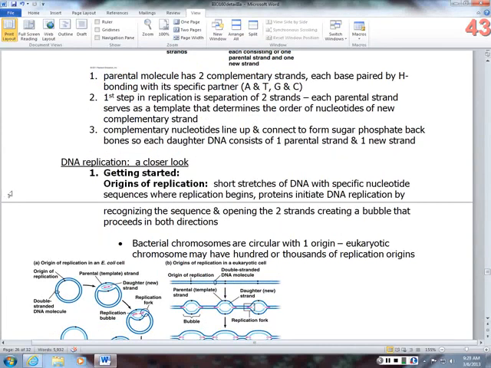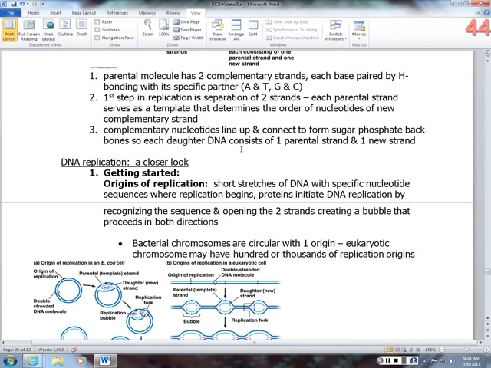So when we go to do this and we get started, our DNA is double-stranded. And we're going to look at it first in a round bacterial chromosome. You're going to have this origin of replication where you're going to begin to initiate this process, and you're going to form kind of a bubble in between the 2 strands that you can see right there where you're separating them.